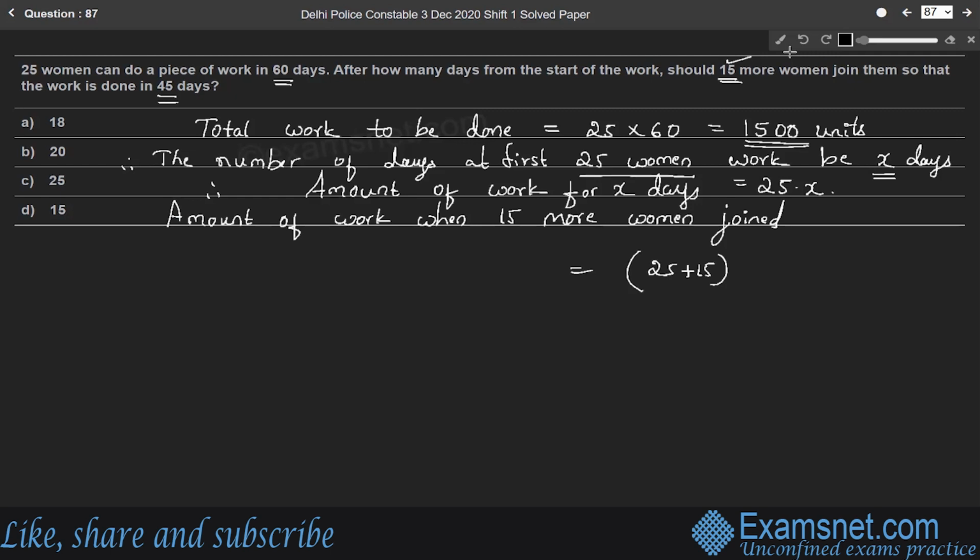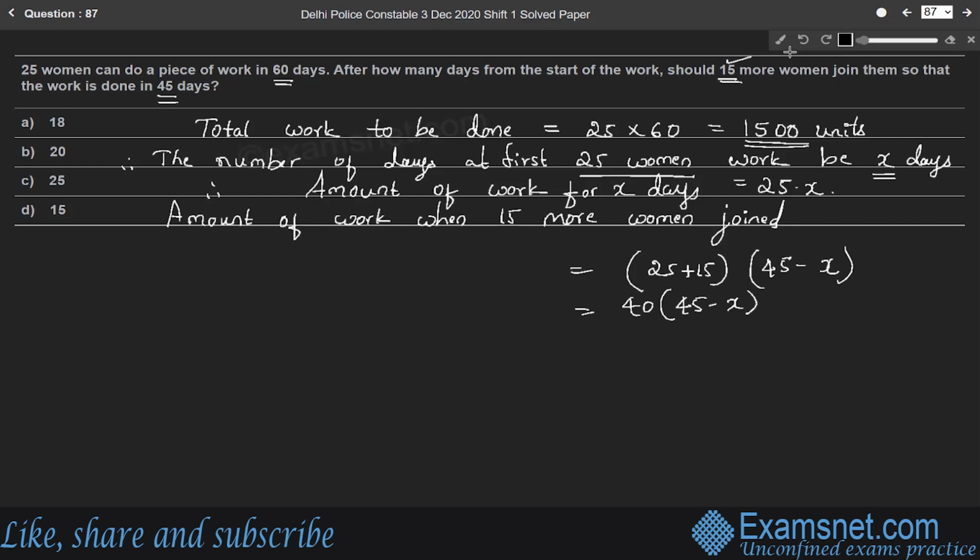The total number of days is 45, and the already worked days were X. Therefore, it is 40 into 45 minus X.